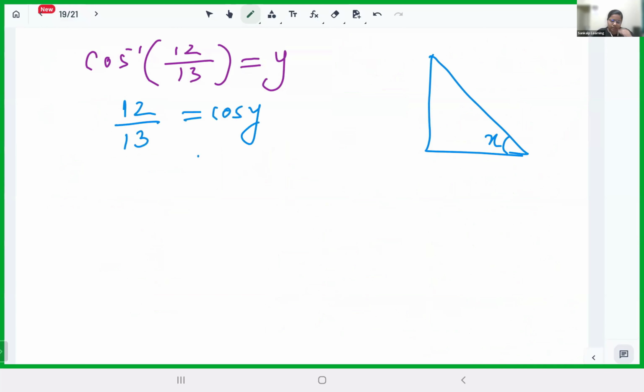We are taking the angle y, not x. So cos y is 12 by 13, which means this is the adjacent side and this one is the hypotenuse. So the adjacent side of angle y is 12 and the hypotenuse is 13. So what about this side?